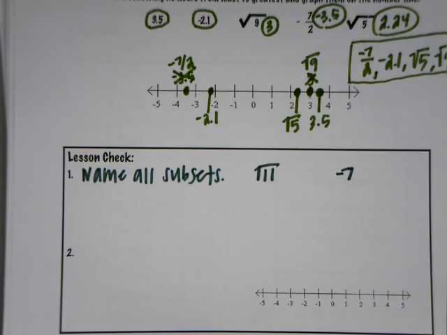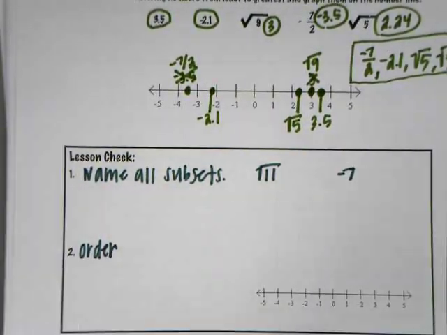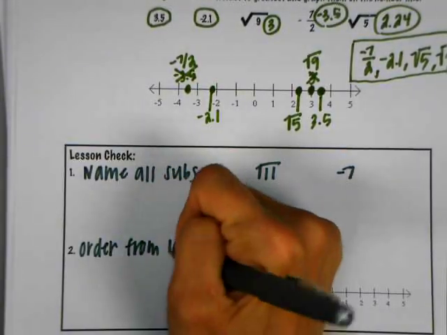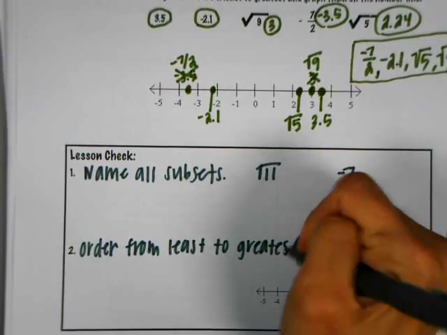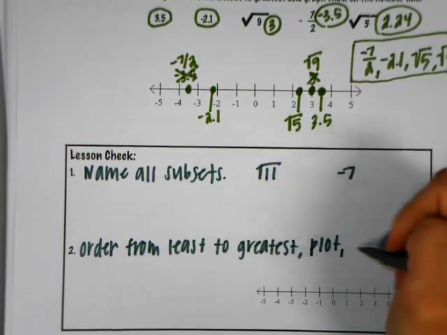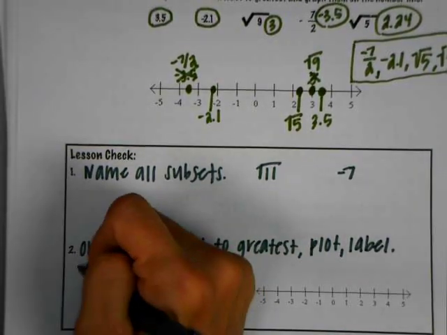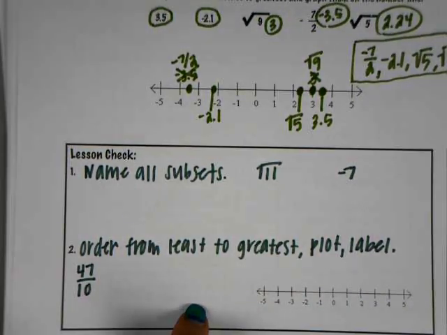And then number 2, you're going to do least to greatest. The reason we don't have one where you just use the symbol is because you're accomplishing the same thing with a big list, okay? So order from least to greatest. Then you're going to plot them and also label them. And this one is a really good example of one that you would see on a quiz where you wouldn't necessarily need a calculator to do the decimal form, okay?